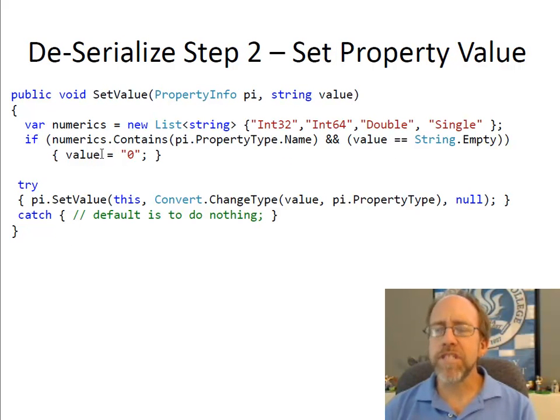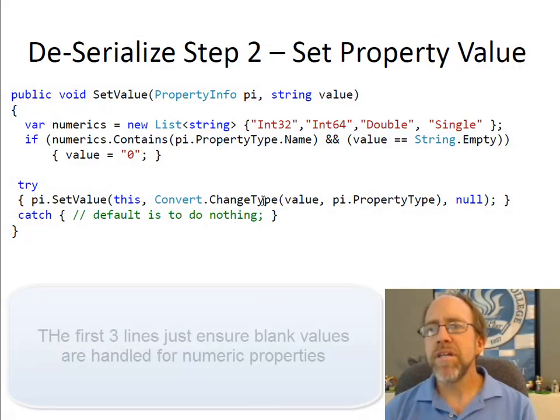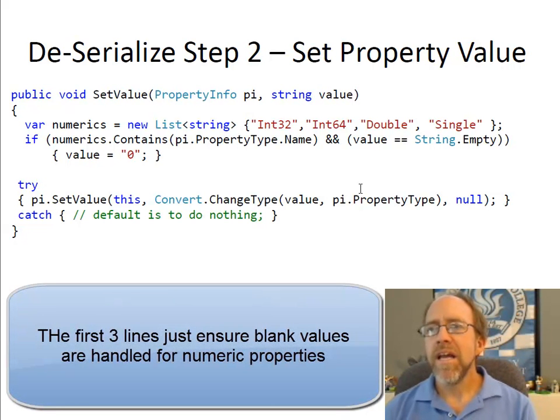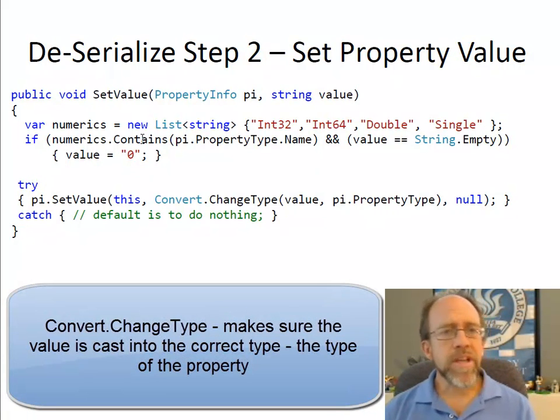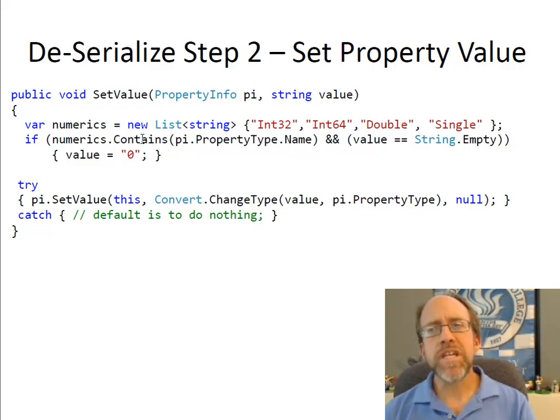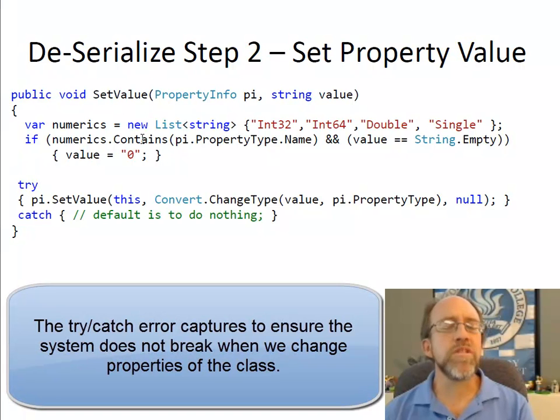And then in the final step, where I actually set the value, where I pass it the PropertyInfo and the value, I just make sure that the type is set correctly. If I have a property of my class which is an integer, let's say, and the property stored in the database is a string, and the string is empty, to avoid getting an error, I have to convert it to a legal value.